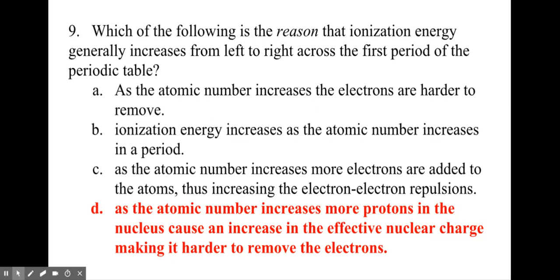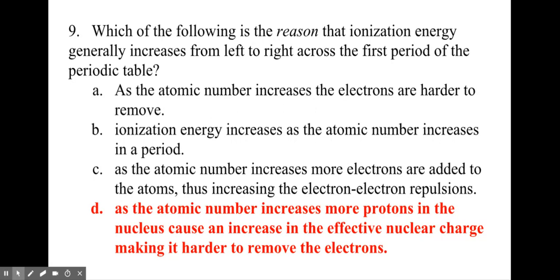So whenever we're talking about periodic trends across a period, left to right, if we can use Zeff, or effective nuclear charge, that numerator from Coulomb's law, we want to use that as our primary argument for that periodic trend. And when we're moving down a group, because we're adding energy shells, we want to use distance from the nucleus, or the denominator of Coulomb's law, as our reason for that periodic trend.